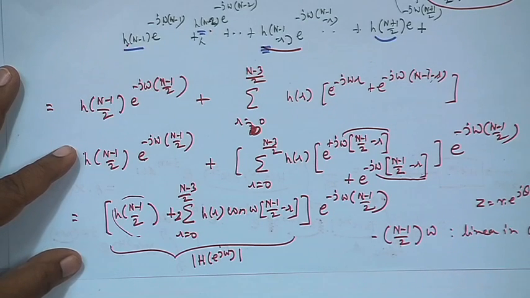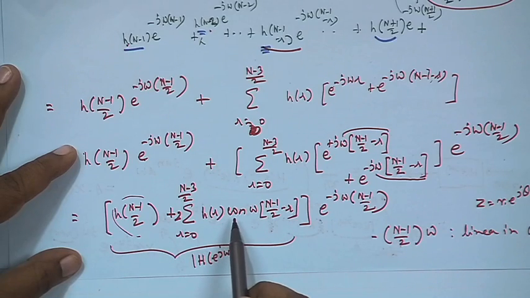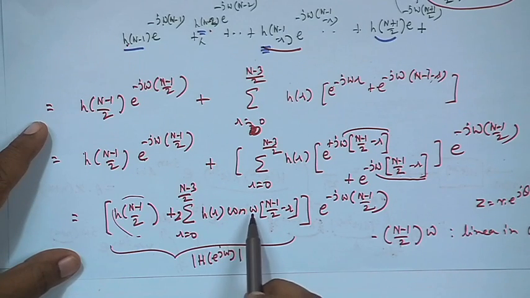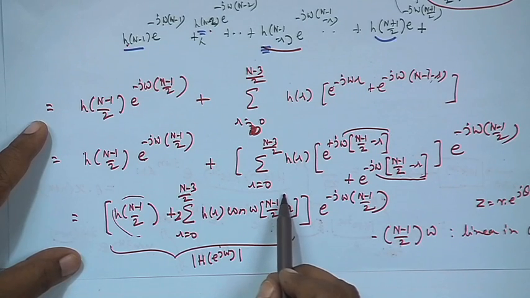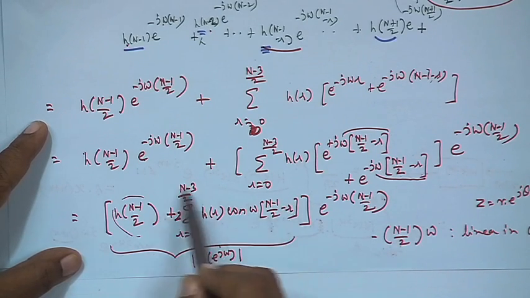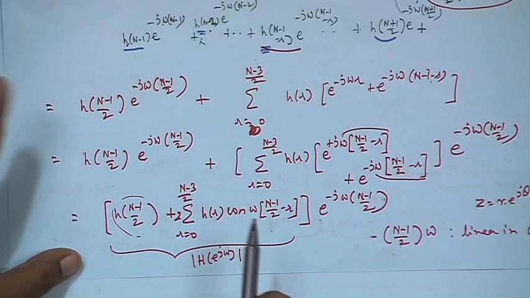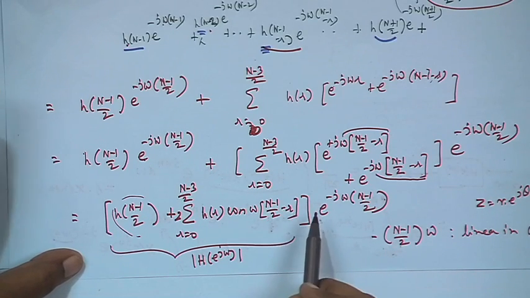But there is a word of caution. This is cosine. Cosine omega into this part changes from r equal to 0, one value, r equal to 2, another value, and so on. Okay. So this whole thing may become negative sometimes for certain values of r.